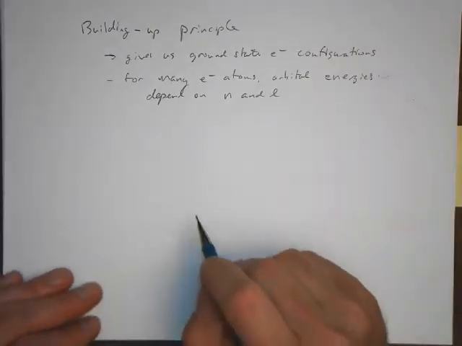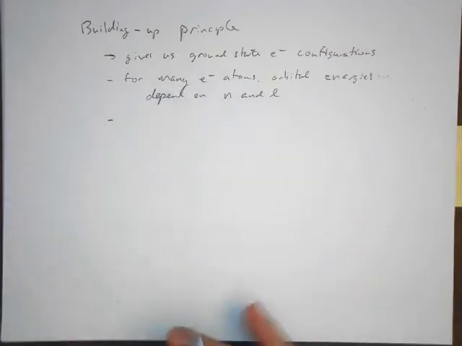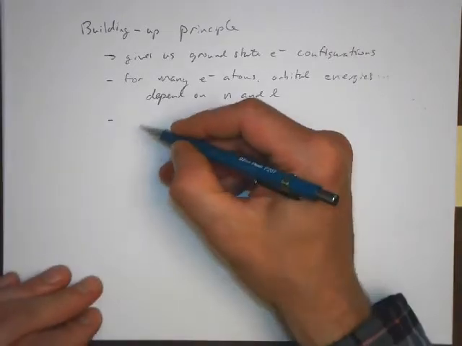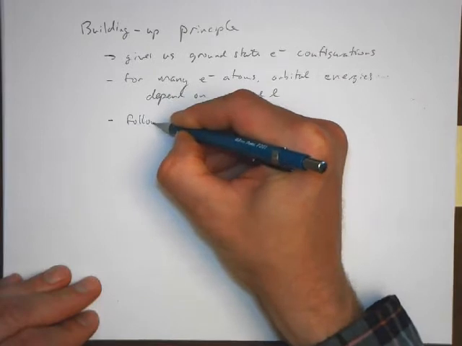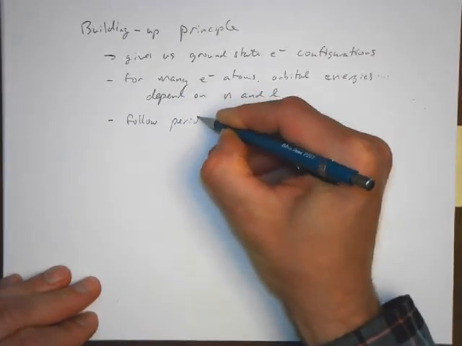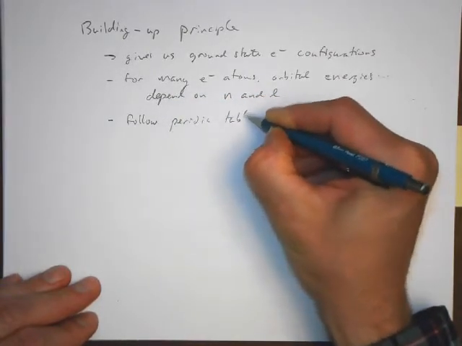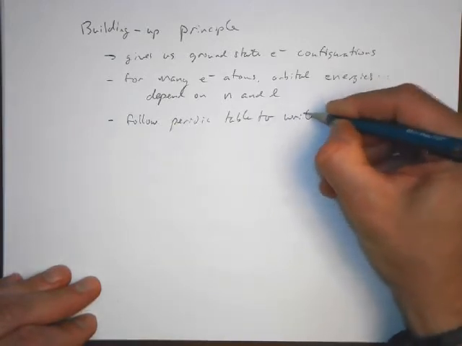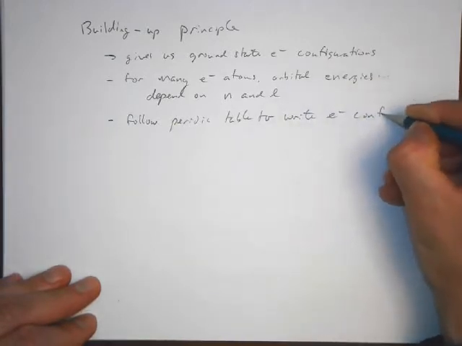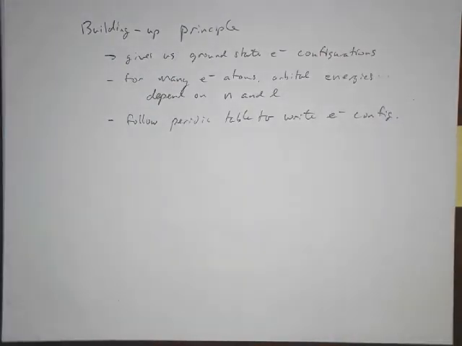And what we're going to do to figure out what the ground state configurations are is the easiest way that I know of, which is to follow the periodic table to write electron configurations. Okay, and what we have is this.